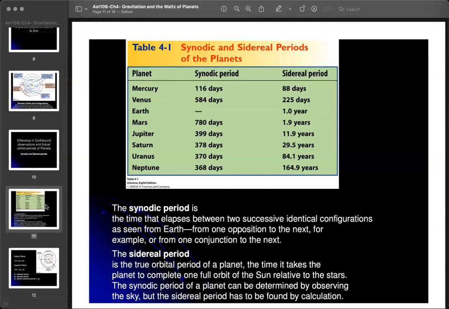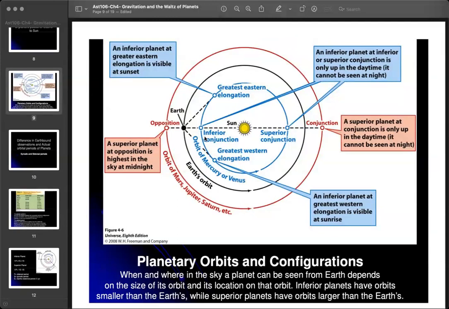But we could at least see, if we are talking about an inferior planet, we can observe when the planet is at an inferior conjunction, and then we could keep tracking it as it is moving. And it comes back here again in the inferior conjunction. So to us, it would look like it completed one orbit.